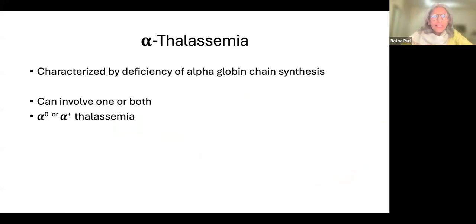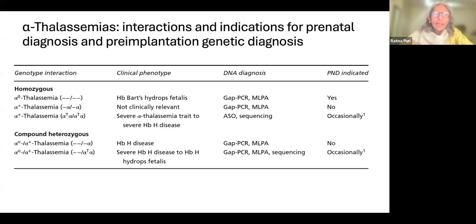Coming to alpha thalassemia, we would now know that there is a deficiency of the alpha globin gene because of the alpha gene that has mutation. Alpha thal genetics is a little complex because we have 4 genes, not 2 genes, for producing the alpha globin. So again we have a severe form of alpha thalassemia, which you can see here.